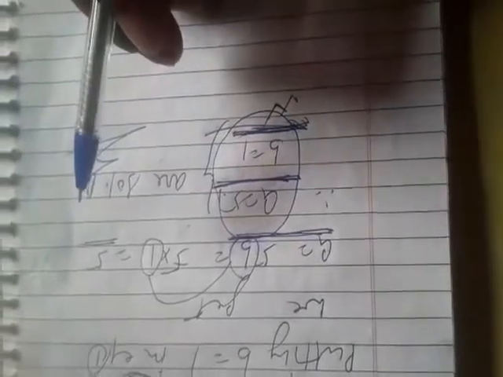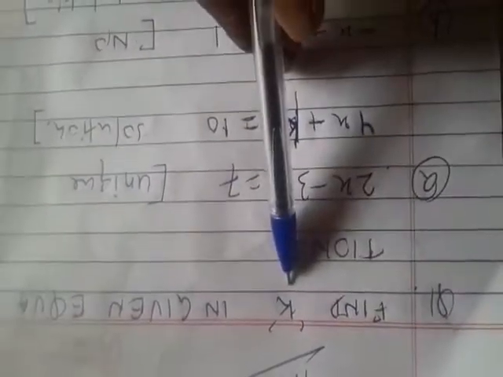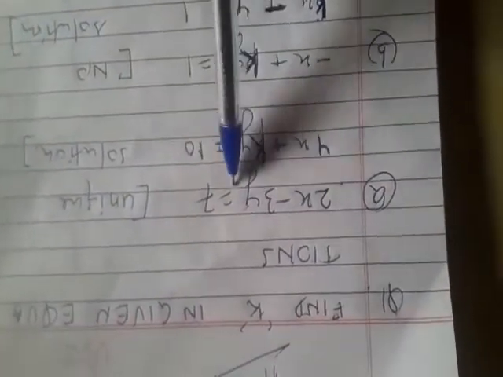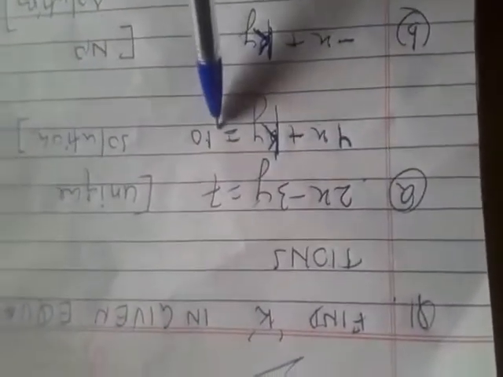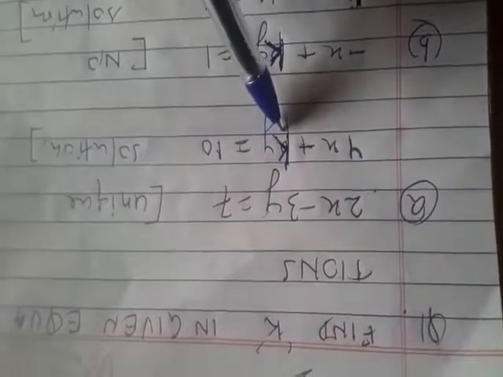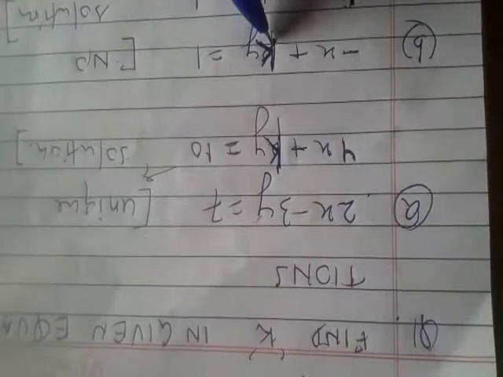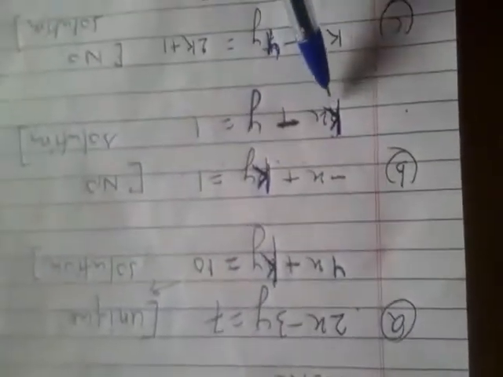Now write your homework. You have to find k, which is the unknown term, in the given linear equations. The first one is 2x minus 3y is equal to 7 and 4x plus ky is equal to 10. You have to find k over here for a unique solution. The second question is minus x plus ky is equal to 1 and kx minus y is equal to 1 for no solution.